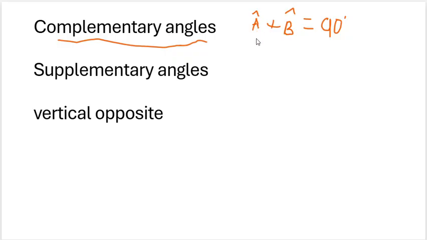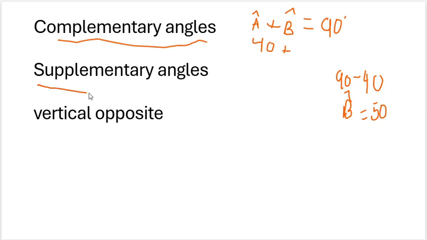Let's say we had A as 40, so if A was 40, then B will be 90 minus 40 to find B. Therefore the angle B equals 50.